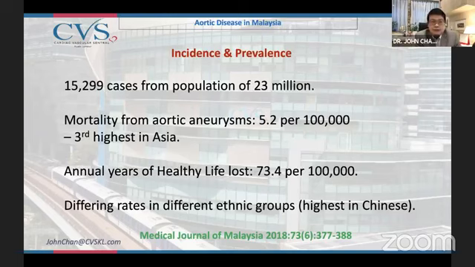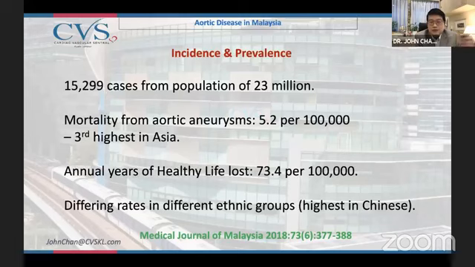There is roughly about 15,000 cases of aortic diseases in Malaysia from a population of 23 million. And the mortality from this is 5.2 per 100,000. So it is not as high as, say, coronary artery disease, but it is the third highest in Asia. And the annual years of healthy life loss is 73 per 100,000.